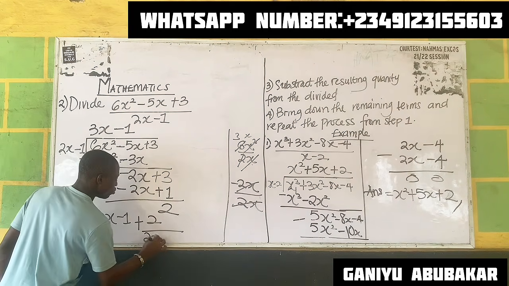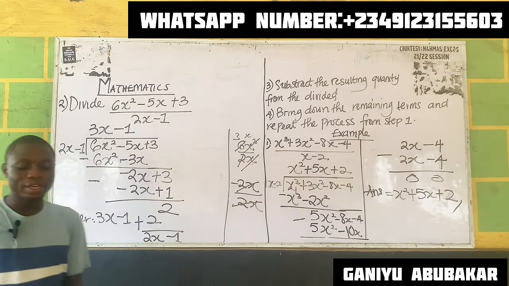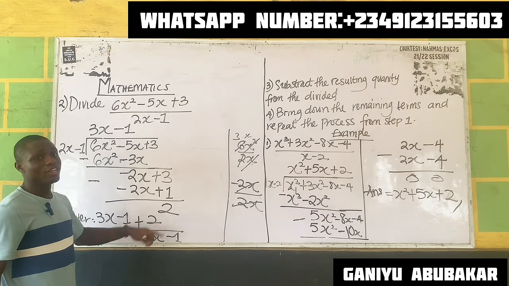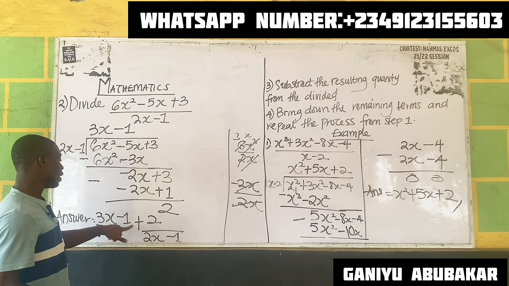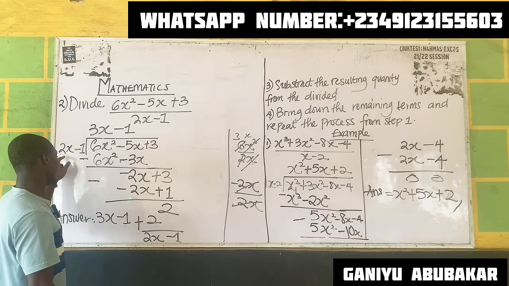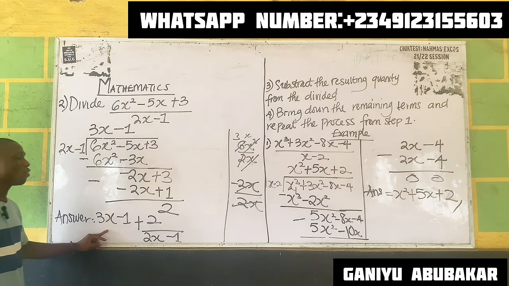That's 2x minus 1. So in a case whereby after dividing you didn't have 0 as your answer, how do you present your answer? You pick out the quotient first, then plus the remainder all over the divisor. That's all. This is how you present your answer in a case whereby you don't have 0.